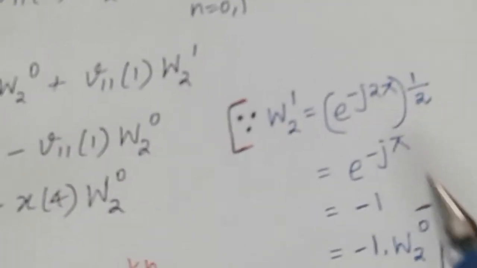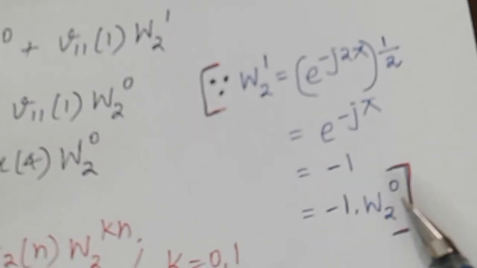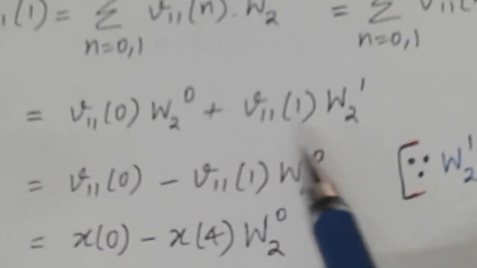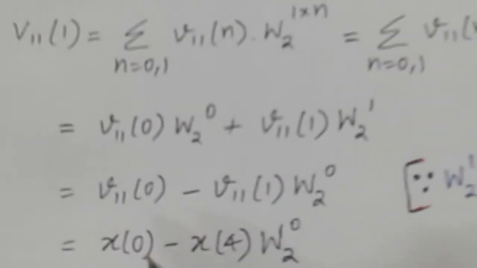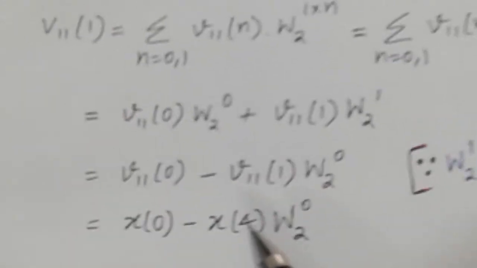E power minus j pi, the answer is minus 1. So W2 power 1 has the value minus 1. This can again be written as minus 1 into W2 power 0, just for the algorithm's sake. So minus W2 power 0. So for v11 of 0 we got x of 0 and then x of 4. So one is a plus b, another is a minus b.